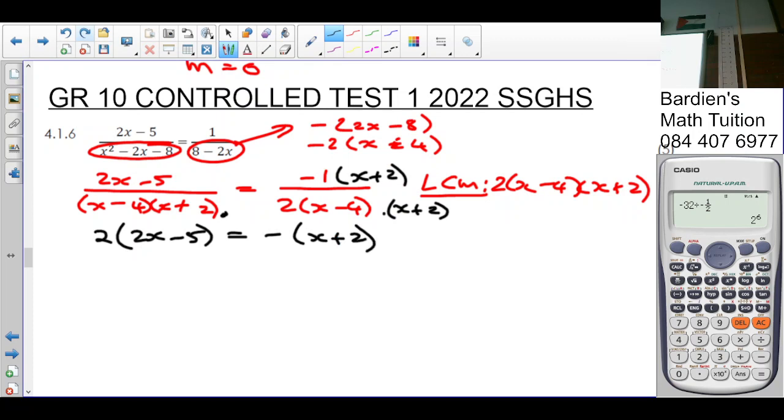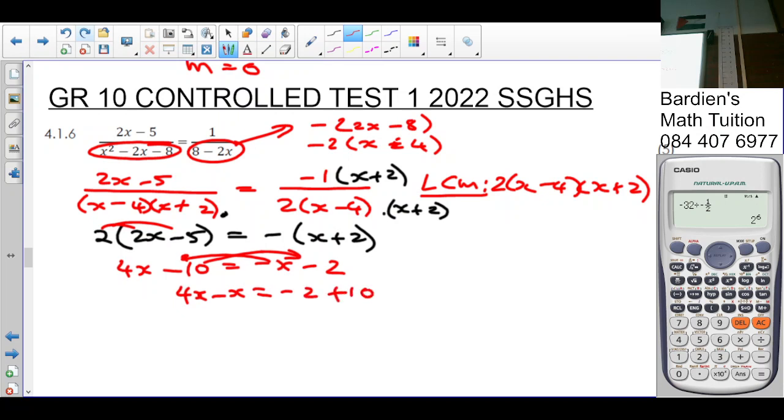So we multiply that and now we get 4x minus 10 is equal to negative x minus 2. X is one side, numbers on the other side. So 4x minus x is equal to negative 2 plus 10, which is 8, and 3x. 3x is equal to 8.